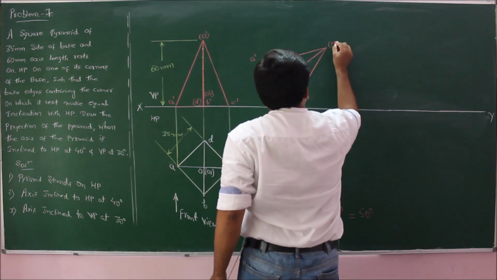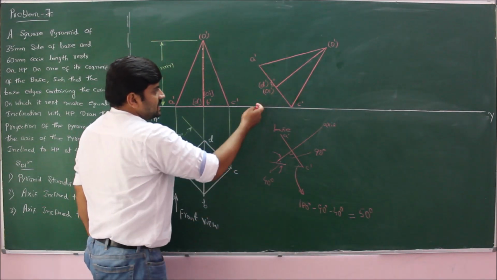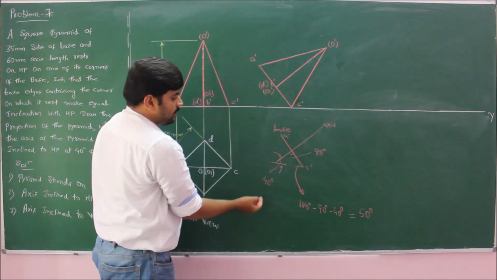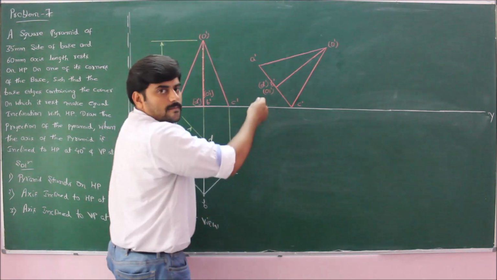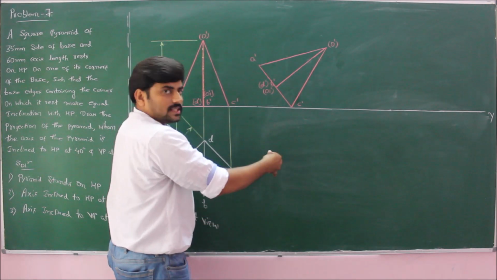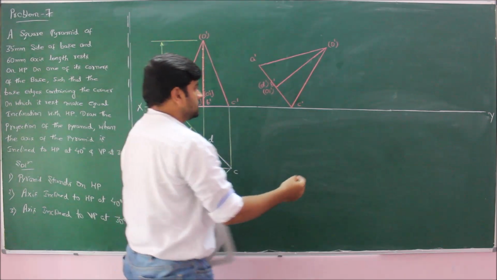I got O prime. Now, if I extend the axis and measure the angle, definitely the angle will be 40 degree. Now, draw the projection vertically downwards and also from horizontal and mark all the base corners and the apex.